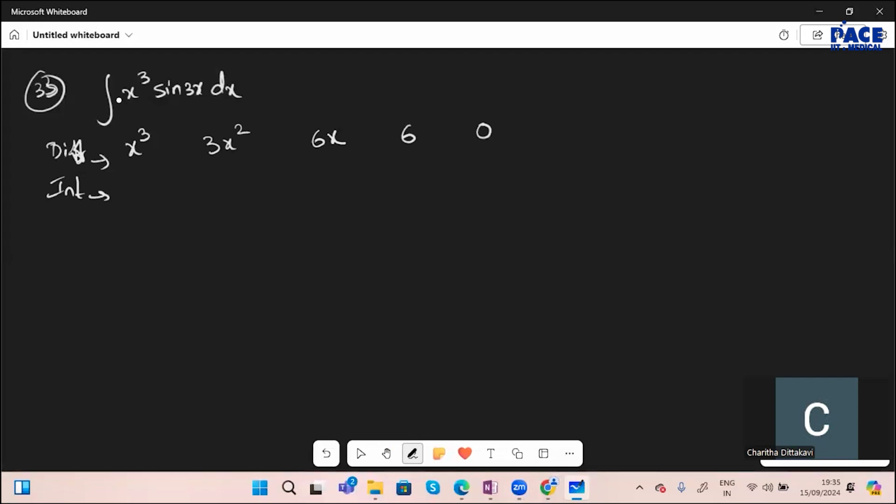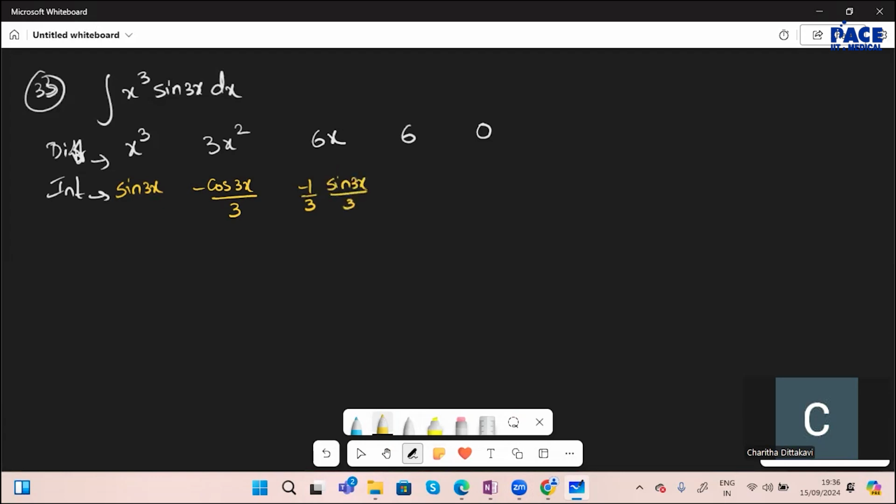Right. Next, integration is what I'm going to do with the sine 3x. Okay. So do it carefully, dear. Sine 3x. Now, what is its integration? The integration of sine x is minus cos x. So minus cos 3x by 3. Next, now you have a minus 1 by 3 with cos 3x integration. That is nothing but sine 3x by 3.